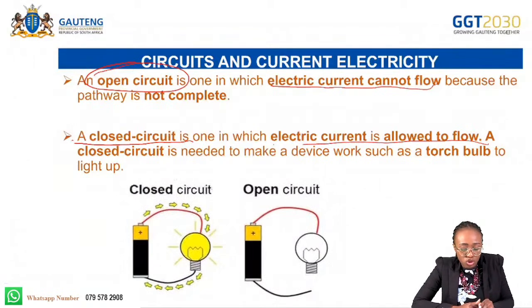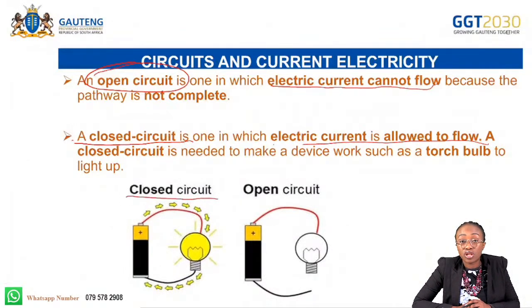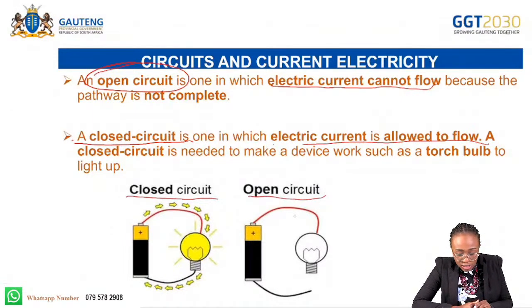If we look at these two, here on the left you've got a closed circuit, and on the right you've got an open circuit. An open circuit does not allow current to flow. Why? There is this gap here. There is this gap over here. So the electric current cannot flow because the pathway is not complete.